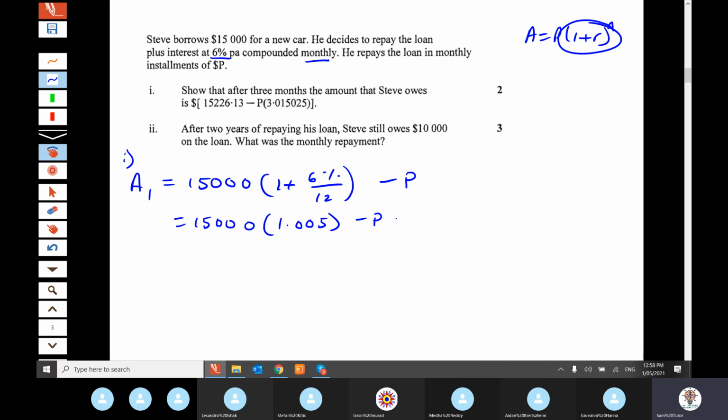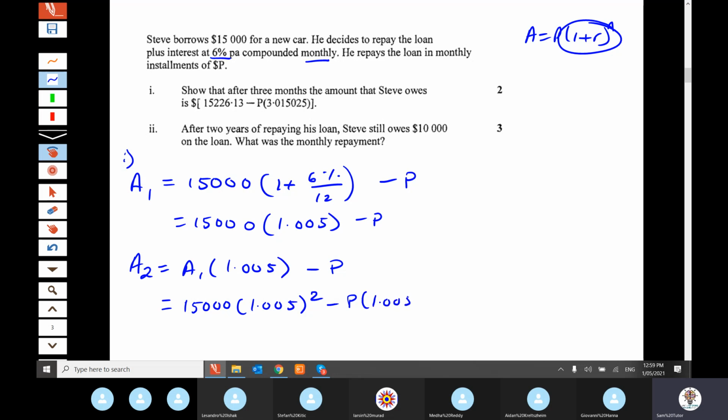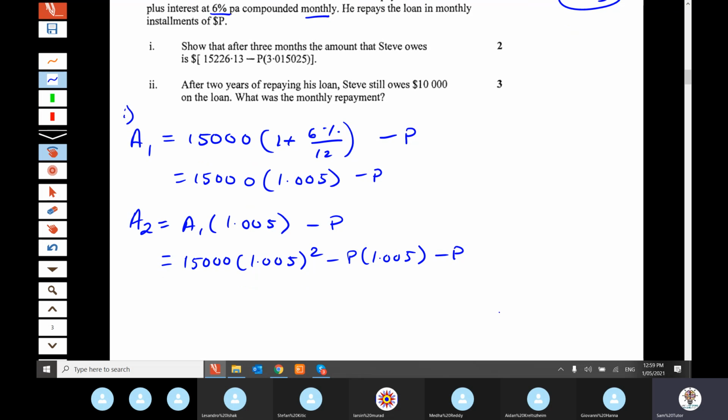Is that okay? A2. What's A2 going to equal to? Times, minus, then expand. A1 is all of this, so that should be 15,000 times 1.005 minus P, squared, so 15,000 times 1.005 squared minus P times 1.005 minus P. We're very close.